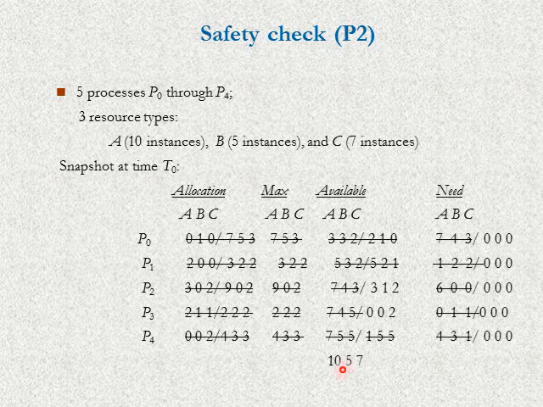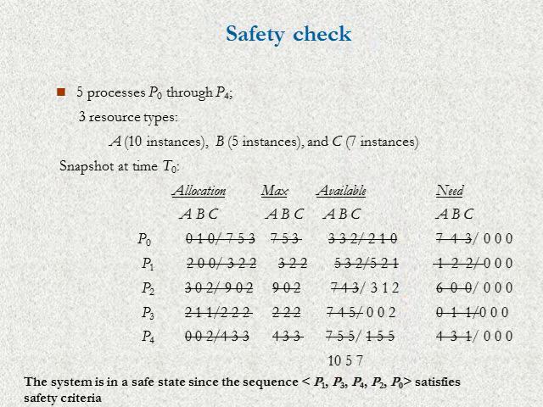Now you can see that the available resources are 10 instances of resource type A, 5 instances of resource type B, and 7 instances of resource type C, which were the actual resources when we started the execution of all of these processes.